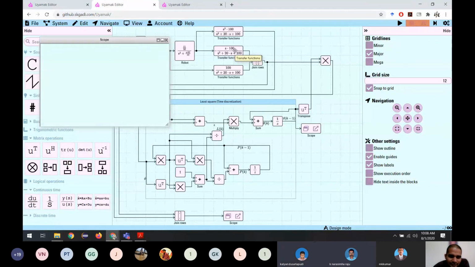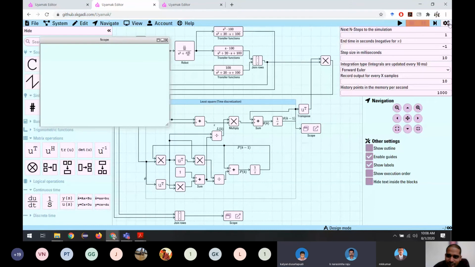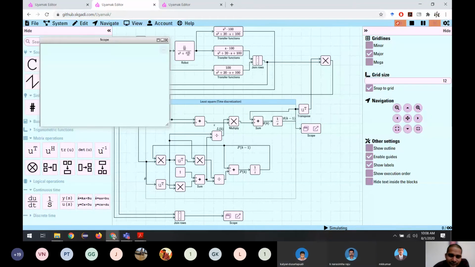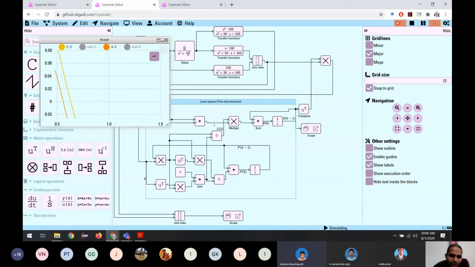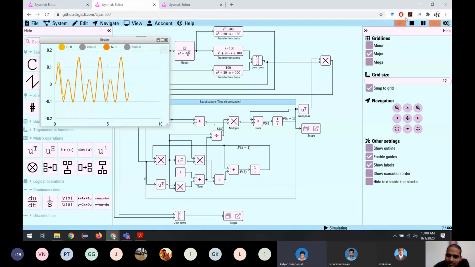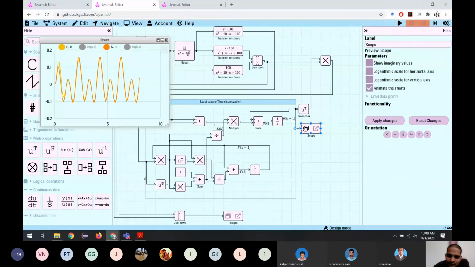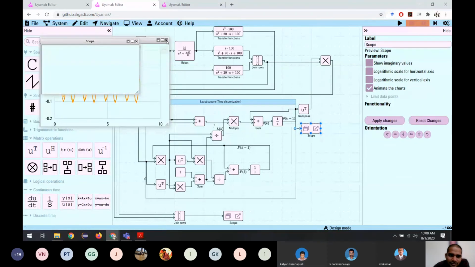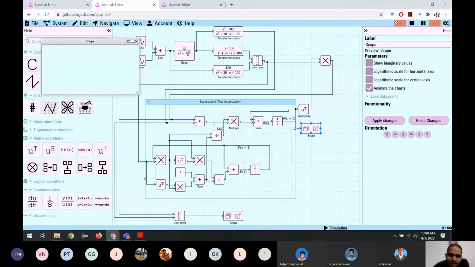For example, in this simulation, I'm changing the step size to 10 milliseconds, and let us see if the algorithm works well. We can see Z and Z dot are converging. Let me see in the parameter estimation what value they are estimating.